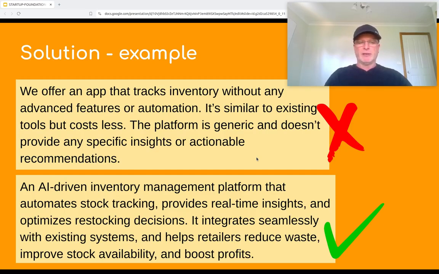Okay, but an AI-driven inventory management platform that automates stock tracking, provides real-time insights, and optimizes restocking decisions. This is solving the problem that we defined. It integrates seamlessly with existing systems and helps retailers to reduce waste, solving the problem. Okay, so this is a solution statement which is addressing the problem we defined.